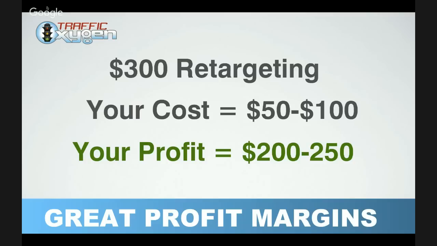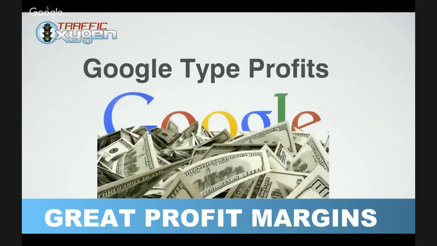It's like a light bulb. Once you get the banners in there, you just turn it on and let it run. And so you're making basically a free $200 every single month. These profits are pretty cool because they're like Google-type profits. The profit margins on here are spectacular. And you're providing such a great service that you don't have to feel guilty about taking money.